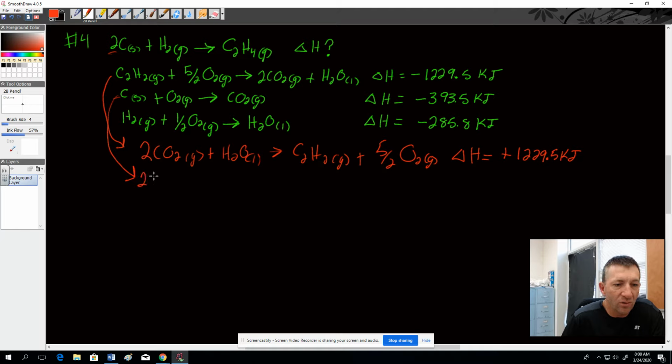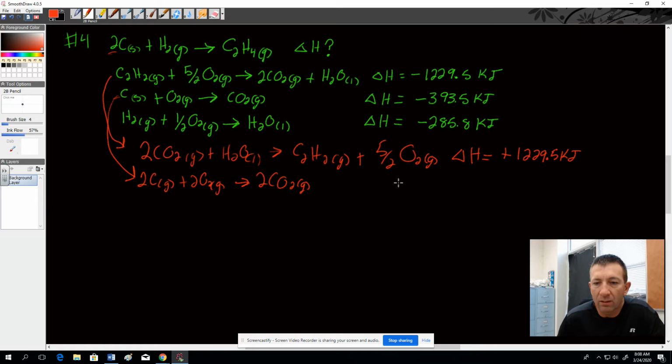So now we've got 2 carbons plus 2 O2s goes to make 2 CO2 gas, and we're also going to double our delta H. So our delta H now becomes 787 kilojoules because we had to double that.